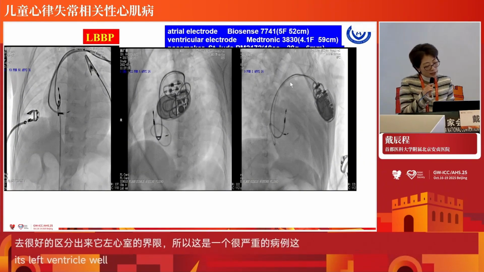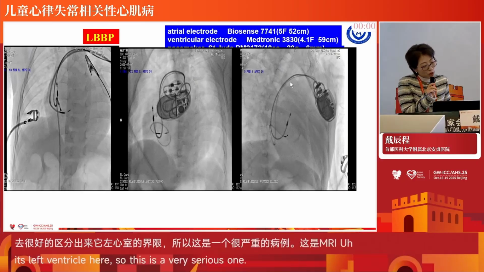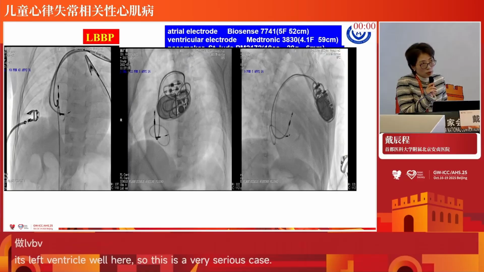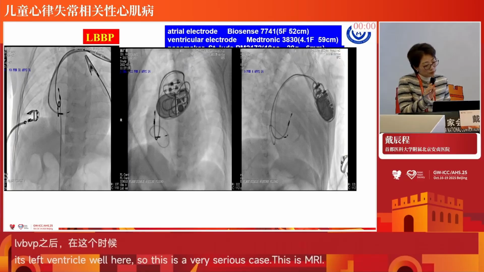I performed LBBP for this patient, at that time he was 13 kilogram.